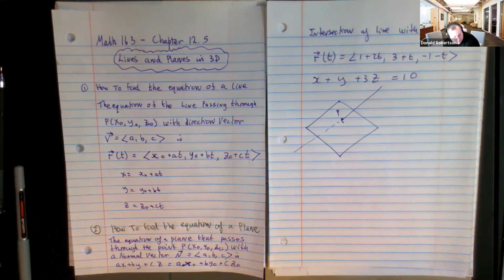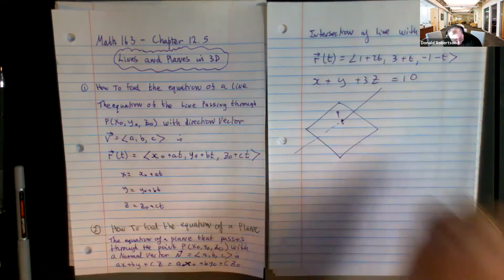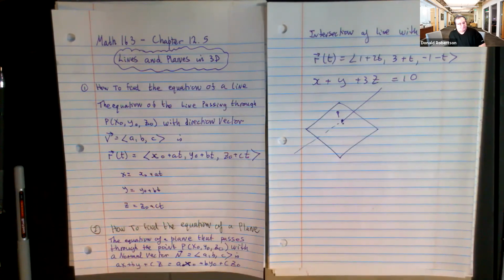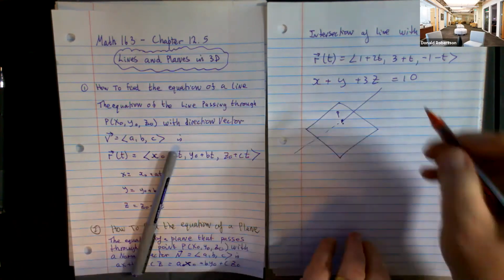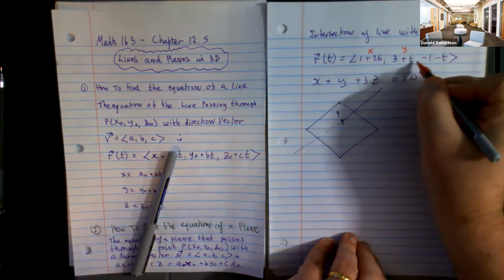Any ideas about how we can use these two pieces of information to solve that problem? Little clue. Isn't this the x coordinate of the point on the line? This is the y coordinate of a point on the line.